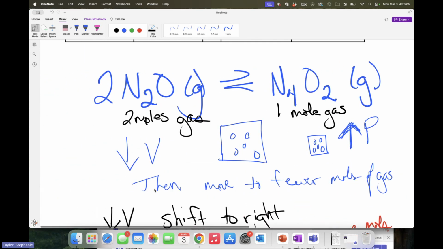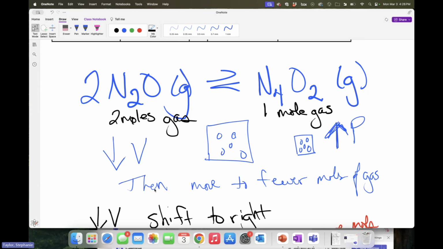And again, we can still just use fewer moles of gas, more moles of gas, and all of that still works beautifully. But you have to keep in mind that what we're changing is the pressure of the actual components in the reaction, because those are the things that change and cause shifts.